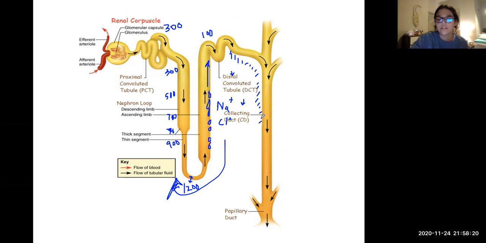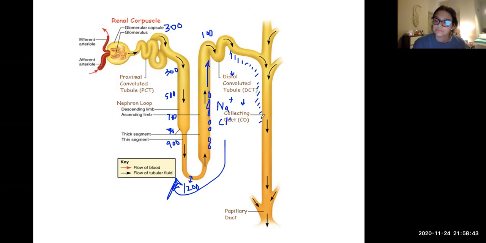So what happens when it gets to the ascending limb is it puts the sodium and the chloride back into the interstitial fluid to maintain that gradient, so that you can do the whole process all over again, where the water leaves into the interstitial fluid at the descending limb. Do you get what I mean? It maintains the gradient.